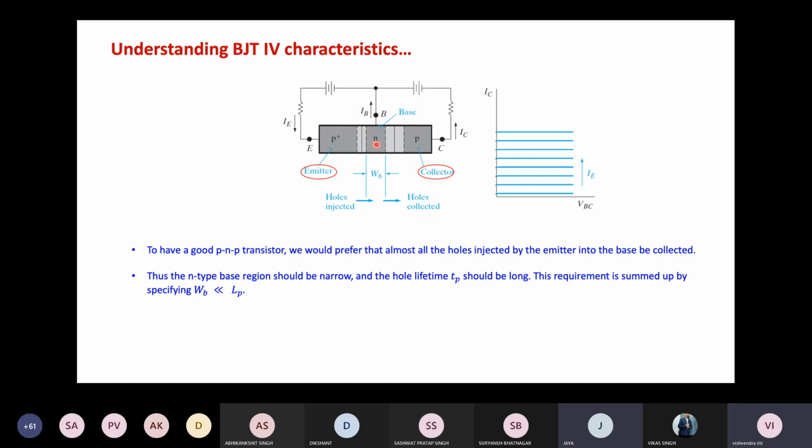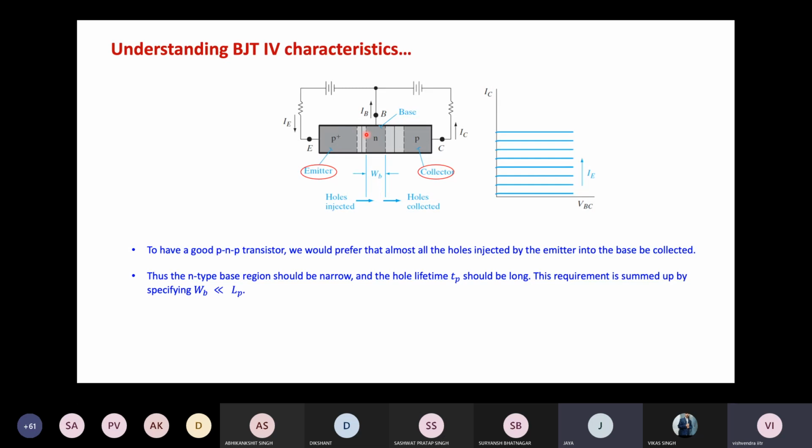The electrons injected from base to emitter and the holes injected from emitter to base are correlated to each other. So that's why this also needs to be there. This injection of electrons from the base to the emitter is also essential. Although this base might look like a tiny thing in this transistor, it's also an important quantity.